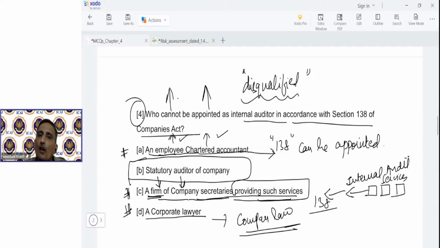The only role between statutory auditor and internal auditor is that the statutory auditor can take assistance from the internal auditor in the course of performance of his duties, or he can rely upon the internal audit function of the company. He can rely upon the reports of the company, and he may make use of them in performing his audit.